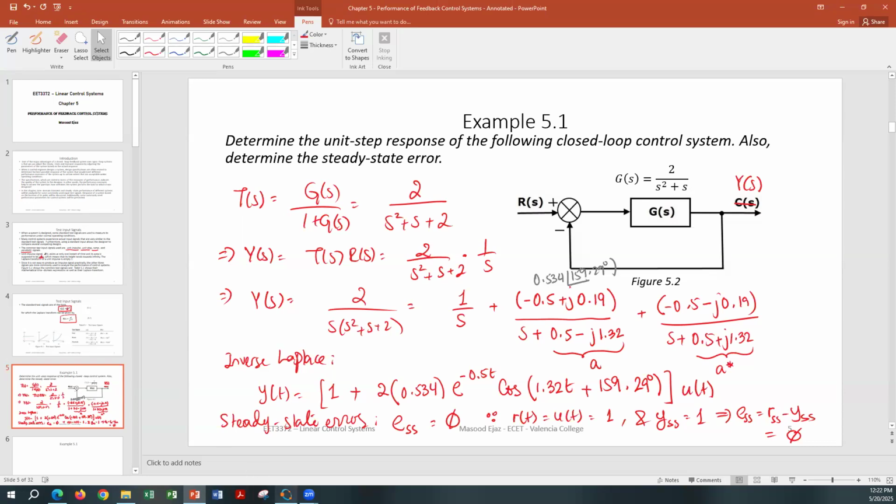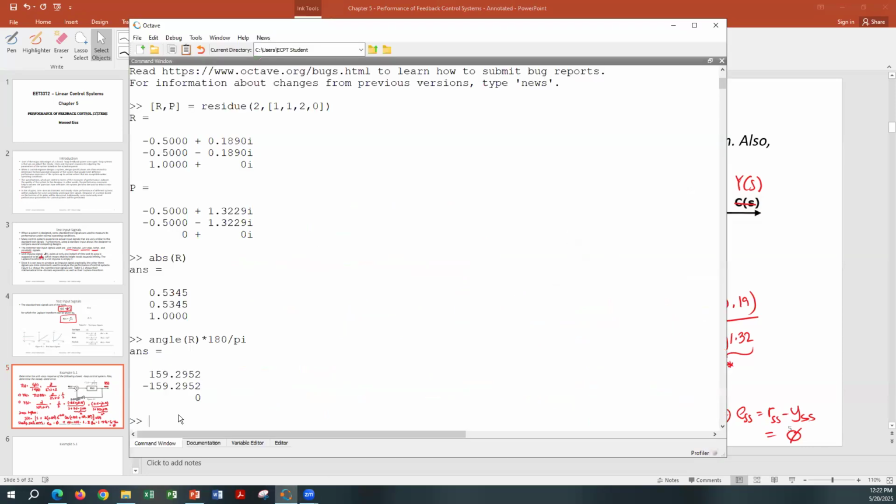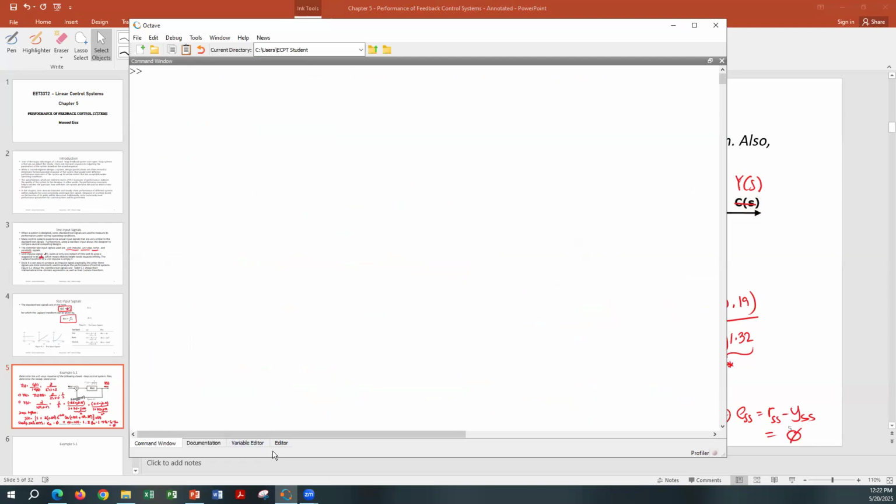Now in MATLAB, if you want to plot directly from the transfer function, you have to do 2 things. CLC. First you define the transfer function.